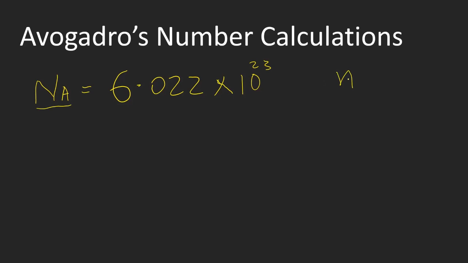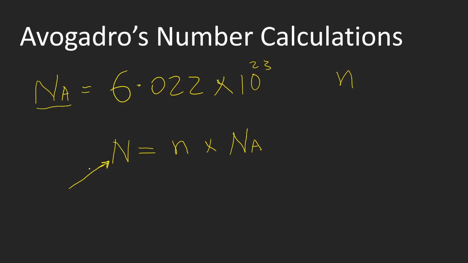So we can write a formula between the two. We can say that capital N, I'll explain in a minute what is capital N, is equal to n times Avogadro's number, which is NA. Capital N here is the number of units or number of particles. Particles could be molecules, formula units, ions, anything.